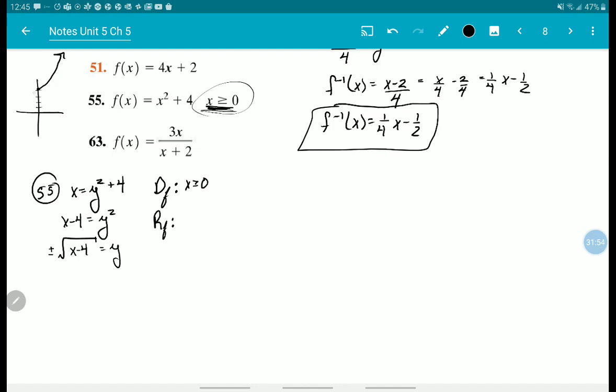Remember, transformation of x squared shifted up 4 units. So that smallest y value is going to be 4. And this guy's going to head to infinity. So if we know the domain and range of f, then we know the domain and the range of f inverse. And that will tell us which one of these we need to use. Is it the positive or the negative?